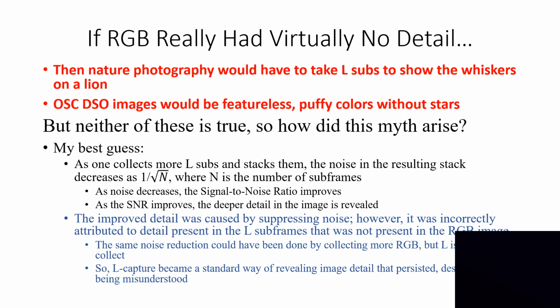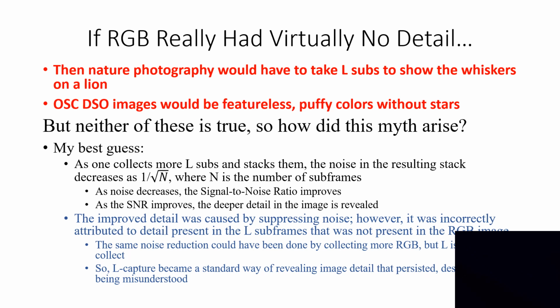Now, where did it arise? This is my best guess. A search of the literature did not turn up the exact answer, but there's some things we know. As we collect more L subs and stack them, in the resulting grayscale L image the noise decreases as 1 over the square root of n, where n is the number of subframes we've captured.